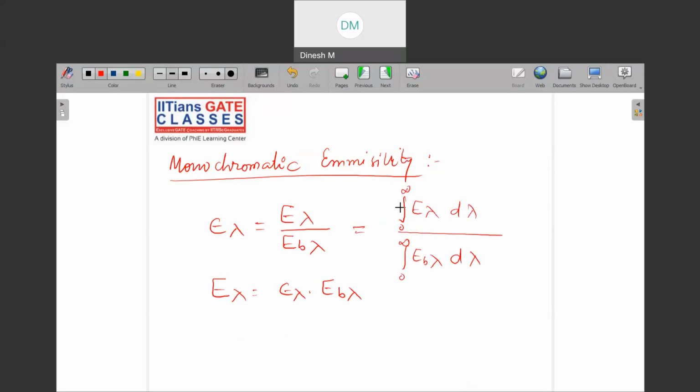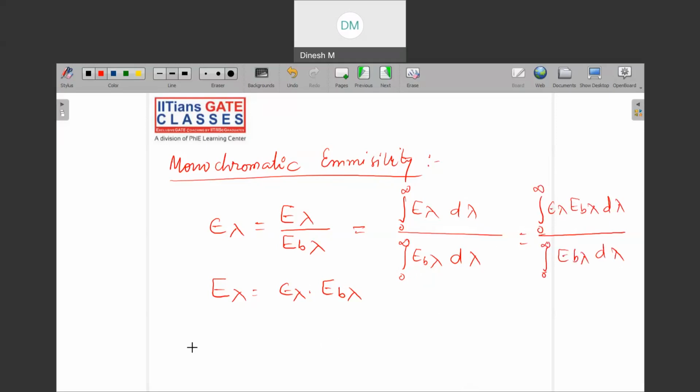Okay, and then you can also write this as integral 0 to infinity epsilon lambda into EB lambda into d lambda divided by integral 0 to infinity EB lambda d lambda, right?